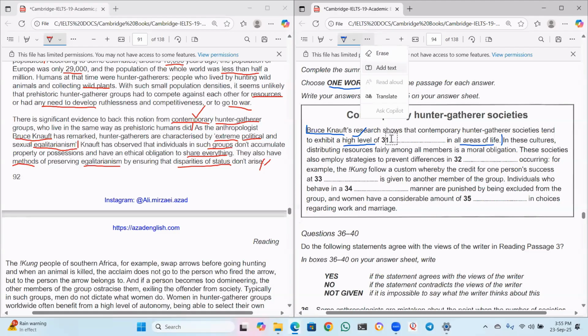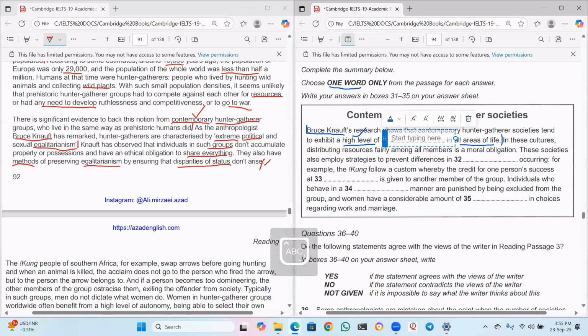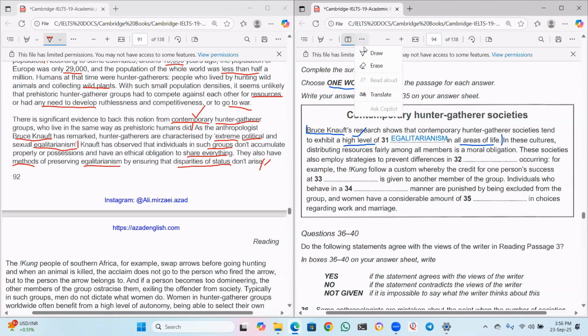I'll just write it here for you guys. Egalitarianism. Right. So just check the spelling. Once you write it, whatever spelling is given in the paragraph, you should have exactly that. So egalitarianism is the answer. Next. In these cultures, distributing resources fairly among all members is a moral obligation, meaning sharing everything.